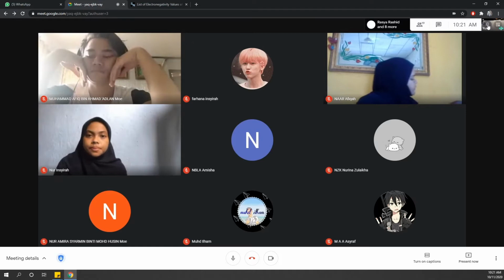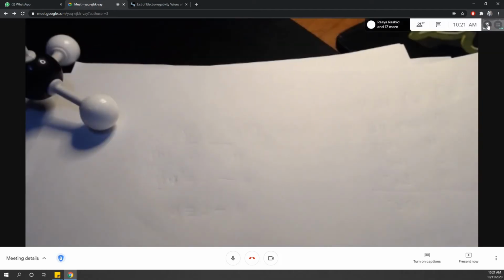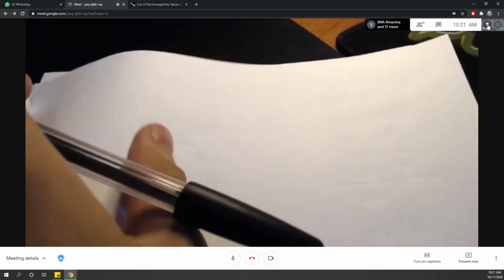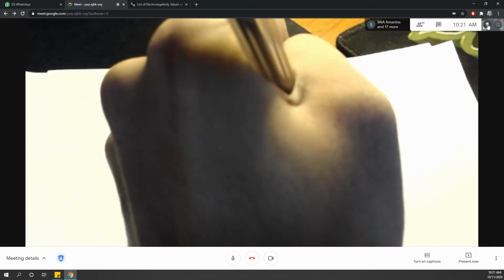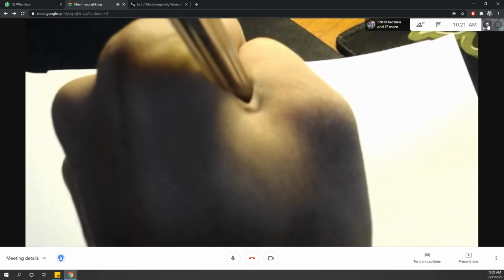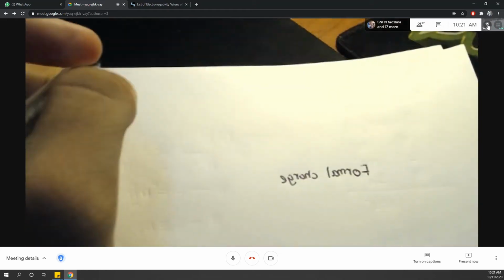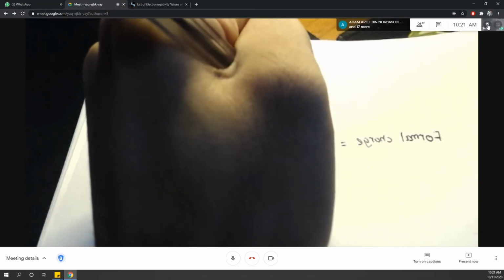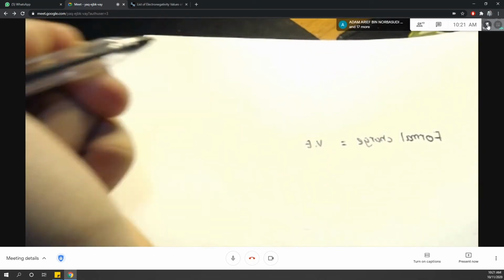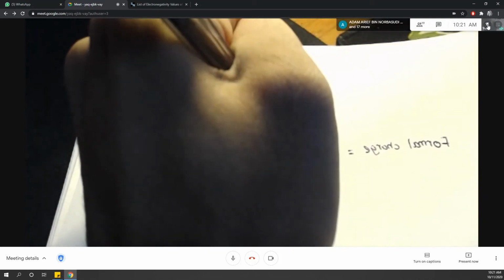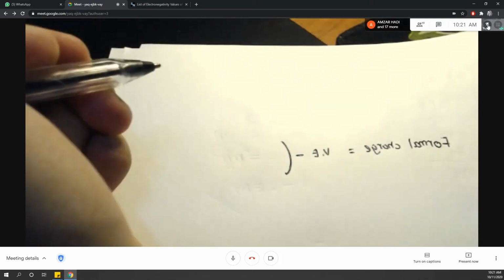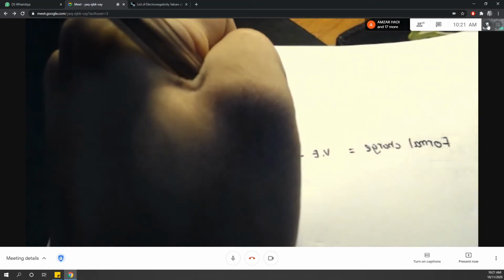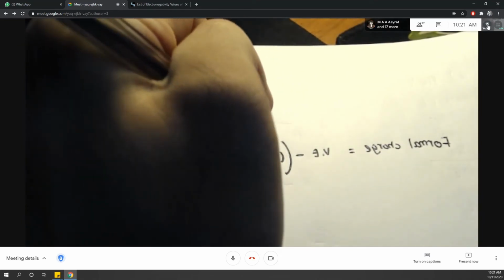Formula untuk formal charge. Formal charge, dia punya formula is dia punya number of valence electron minus kurungan number of lone pair.